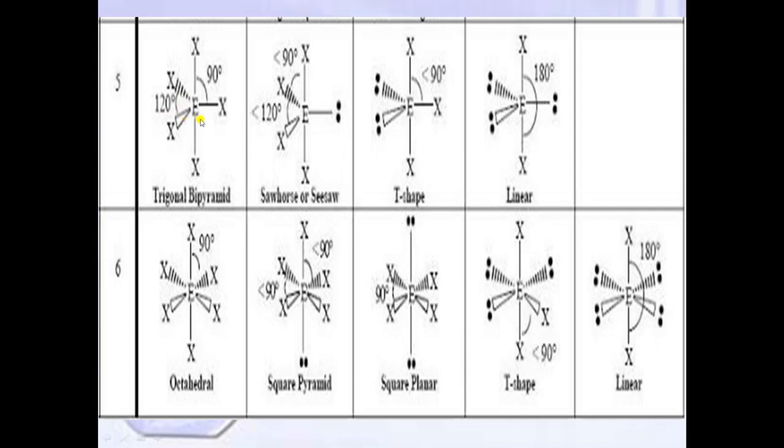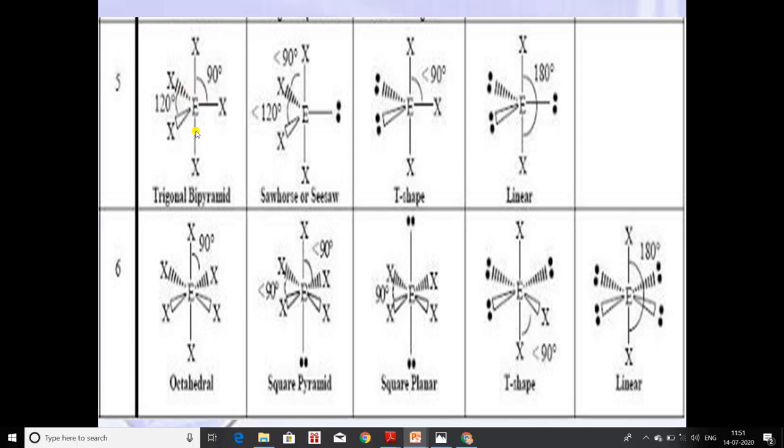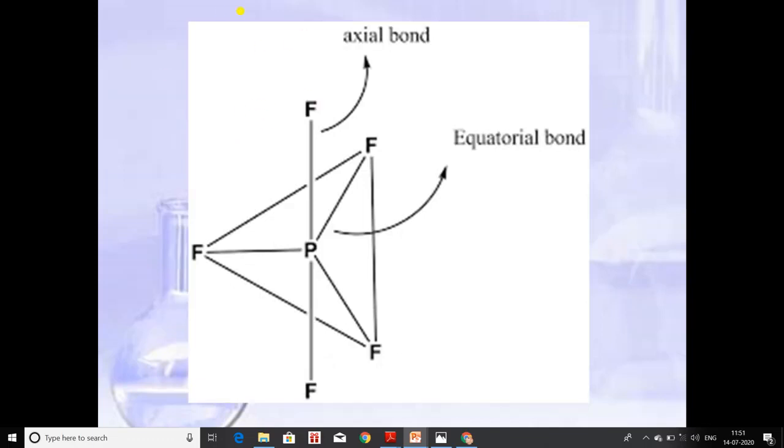Here also angle between these two bonds is equal to 120 degree and between these two bonds also it is equal to 120 degree. So this shape is drawn here. Okay, you can see here that these two bonds are known as axial bonds, and these three bonds, this one and this one, are known as equatorial bonds.